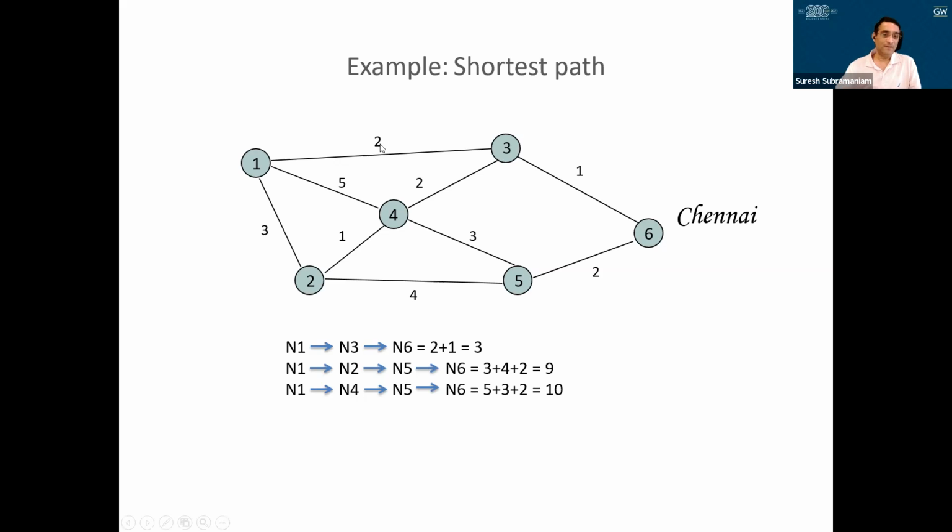If you change this length to delay, then the numbers on the links are going to be changing dynamically with time. There are protocols that neighboring nodes exchange to figure out what the delay on the link was over the past X amount of time. So what is the average delay over this link?